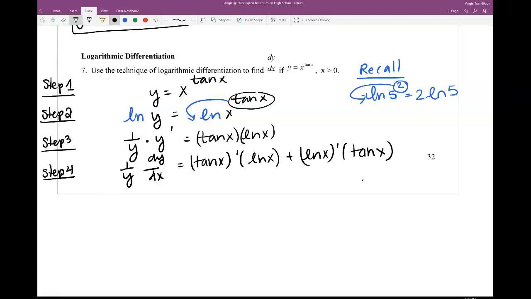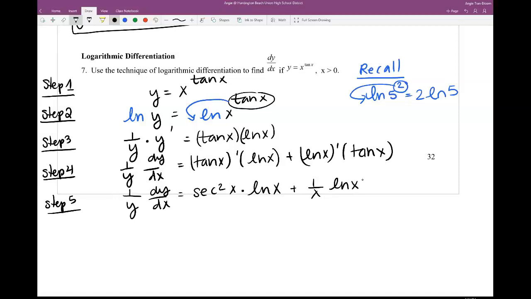And then from here, we are going to work this out slowly. So again, this is still 1 over y dy dx equals the derivative of tangent, which is secant squared of x, times ln of x. The derivative of ln of x is always 1 over x. And then I'm going to multiply by tangent of x.